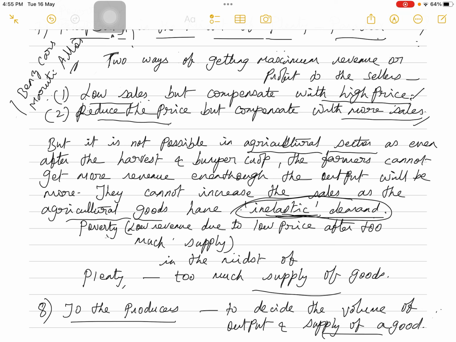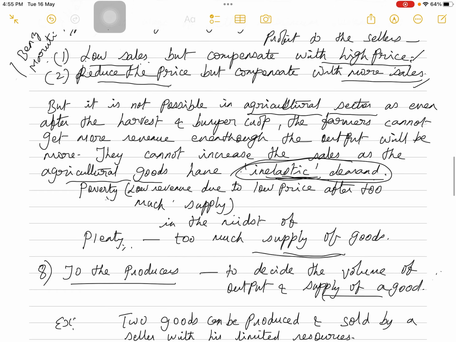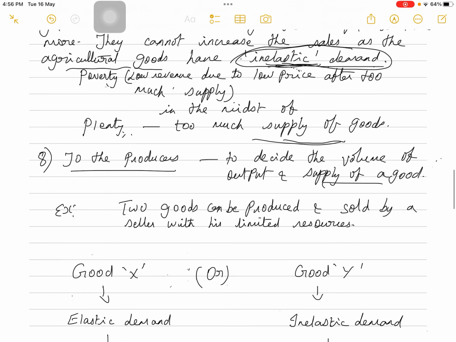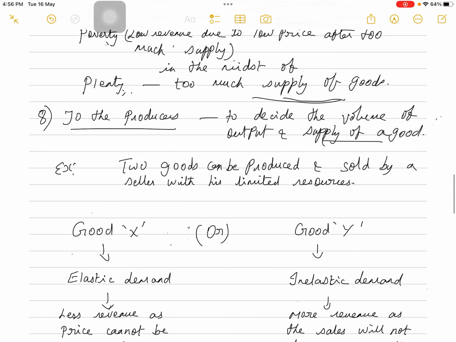After the harvest, the supply is too much, the price is reducing, and in the midst of plenty, the supply of goods is abundant. In spite of that, the farmers are in poverty. This paradox is explained because agricultural commodities have inelastic demand.